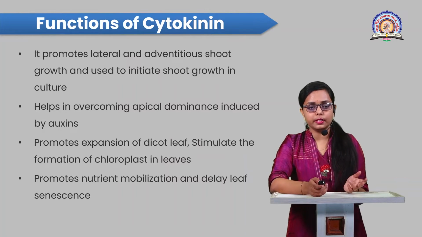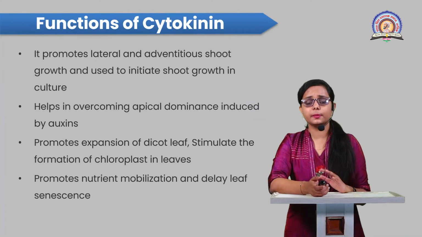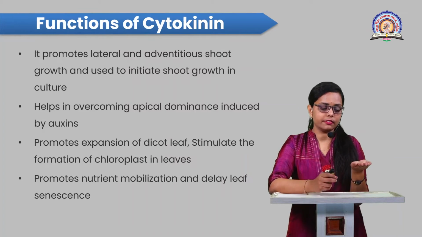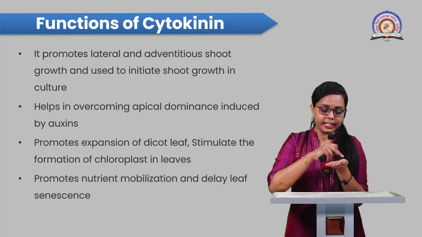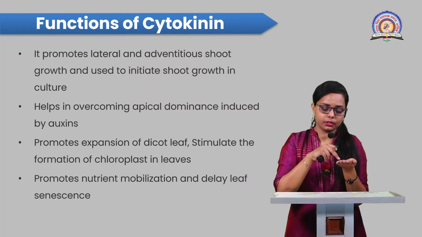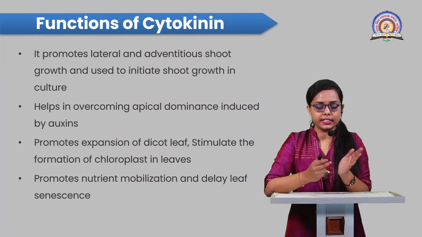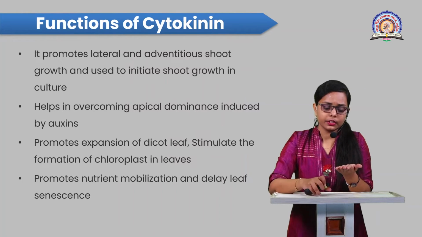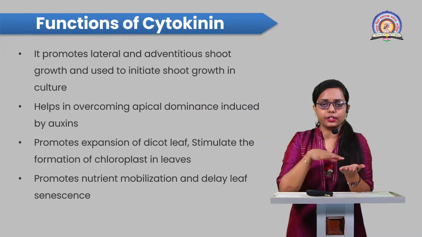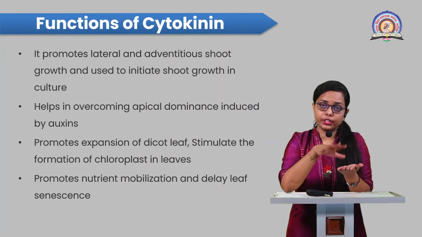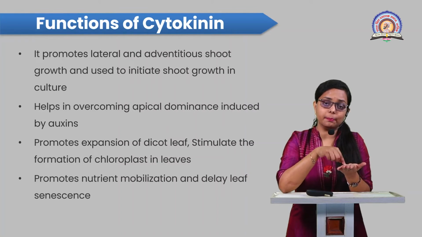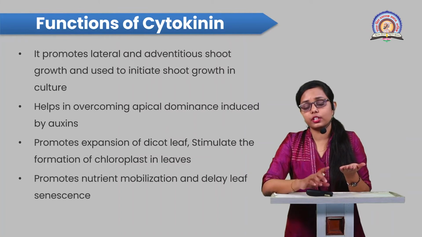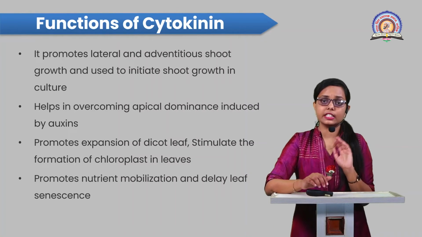There is one experiment performed: if we take a completely green leaf and apply cytokinin in particular patches, then after a few days the rest of the leaf would become yellow, but the patches where we have applied the cytokinin would remain green in color.